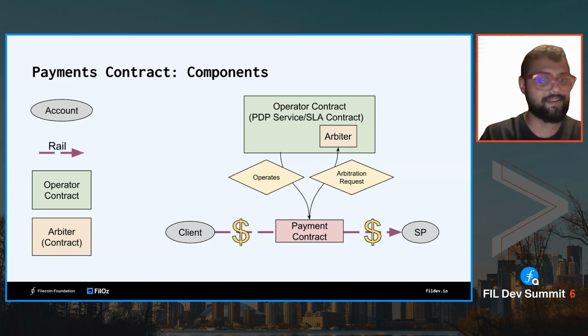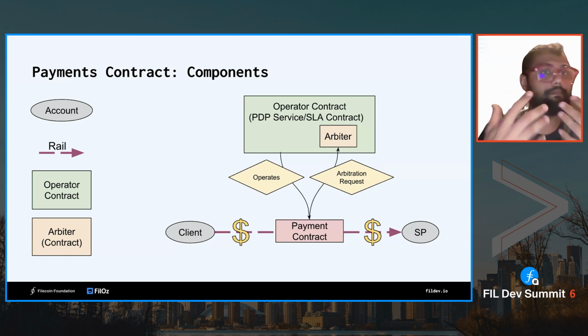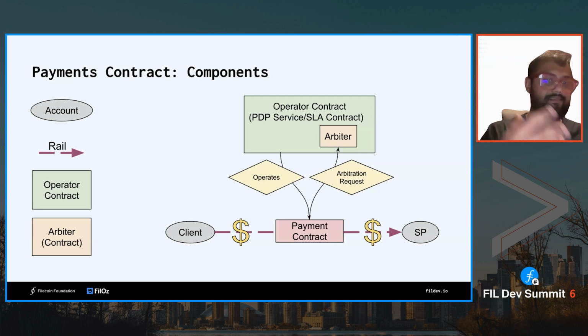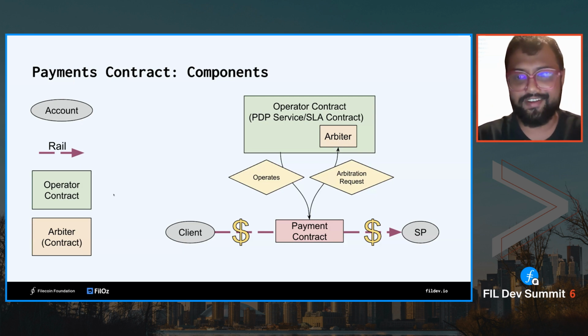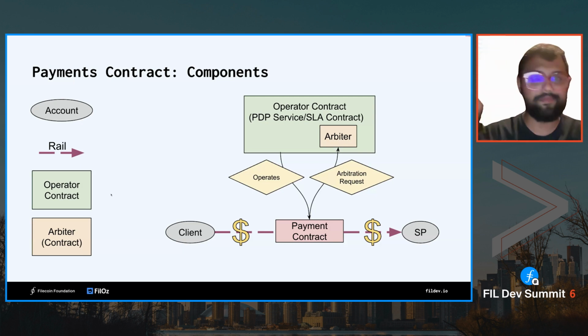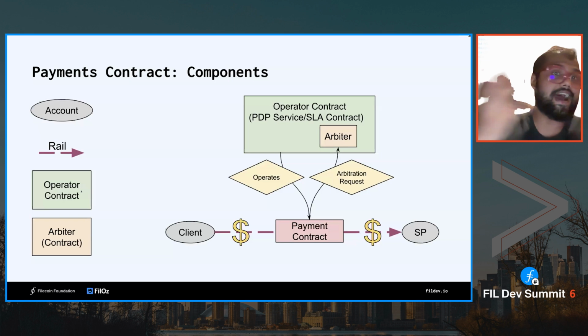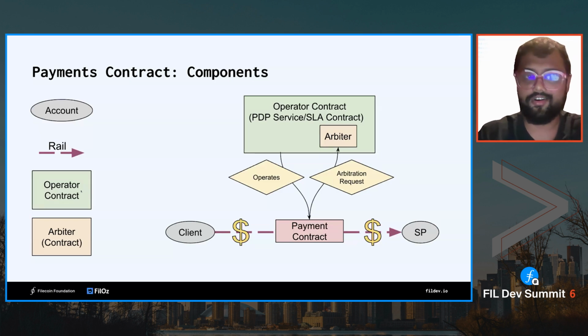From now on, I'll refer to it as a rail. So the operator contract is what you are going to build out for your DApp. Again, we're going to go back and fix all the terminology to make it extremely homogeneous, FWS wide. But the operator contract is the SLA contract or the arbiter contract that I just talked about.